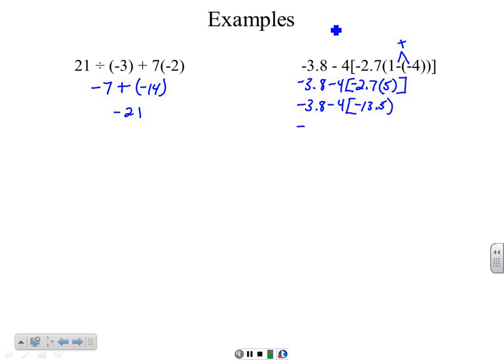So we'll have negative 3.8 minus whatever we're going to get when we multiply 4 times negative 13.5, which is going to be a negative 54. So now we have subtraction. We have negative 3.8 minus a negative 54, which I'm going to go ahead and say that this is addition. So we have a negative 3.8 plus 54, which is going to be 50.2.